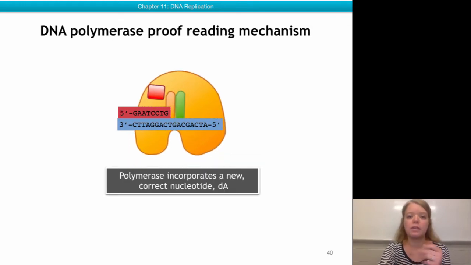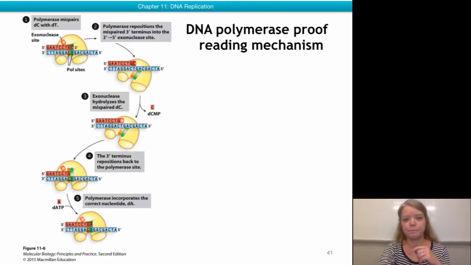And the polymerase will now attempt to incorporate another nucleotide, hopefully a correct one, the adenine, right? So there comes an adenine. It's base paired with the T, and the DNA polymerase catalyzes the phosphodiester bond formation between the growing DNA chain and the freshly added nucleotide.